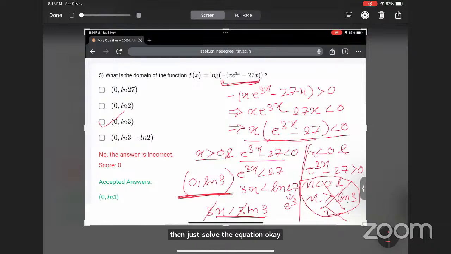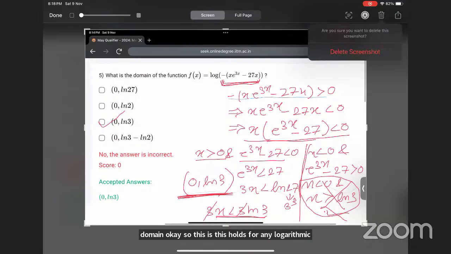If you get an inequality, try to factorize it. Then you get either greater than 0 or less than 0. Then make this type of observation, and from this you can get the domain. This holds for any logarithmic equation.